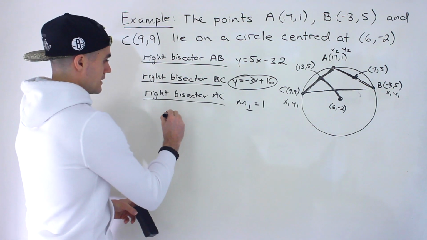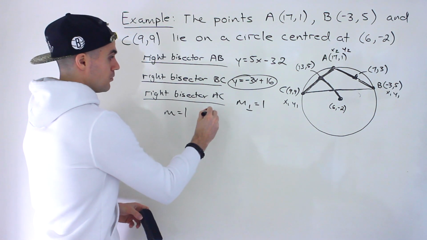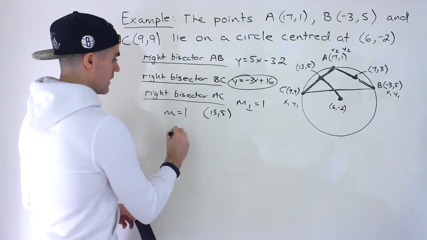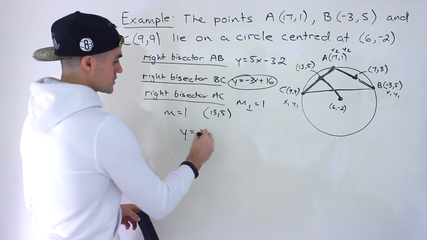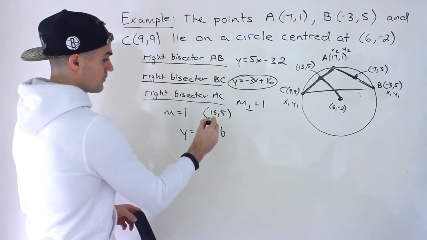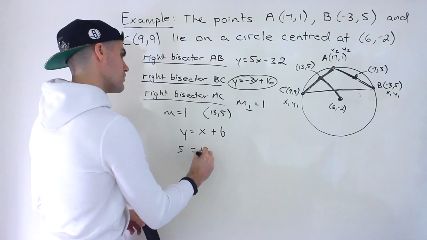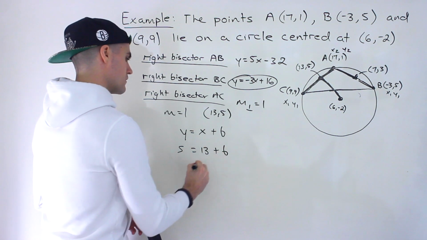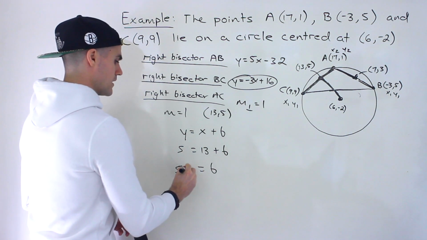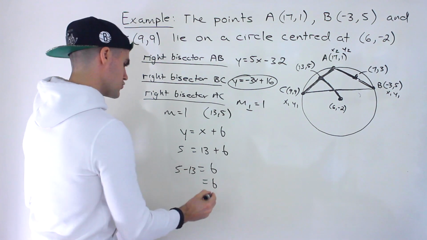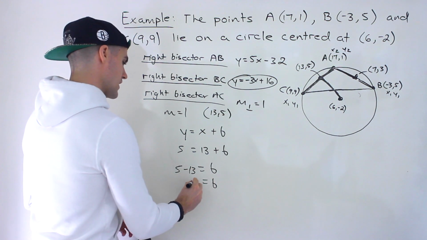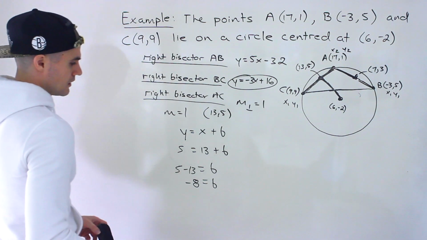So let's write that out. We got the slope of 1, we got a point it's going through, 13 and 5, so we'd have y equals 1x, which is just x plus b. Then we could plug in 5 for y, and then 13 for x, so b would be 5 minus 13, which would give us -8, like that.